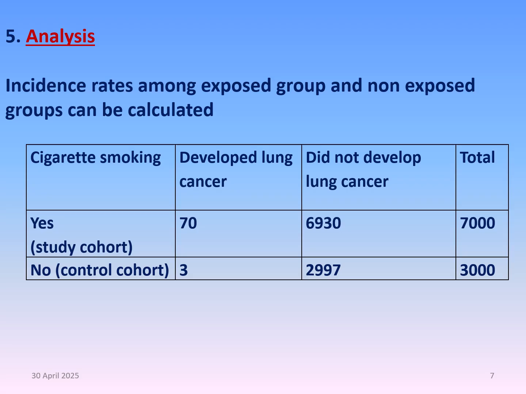They are known as study cohort. 7,000 cigarette smokers and 3,000 non-smokers were included in this study. Among 7,000 cigarette smokers, 70 developed lung cancer in a follow-up. Among 3,000 non-smokers, only 3 developed lung cancer during the follow-up.